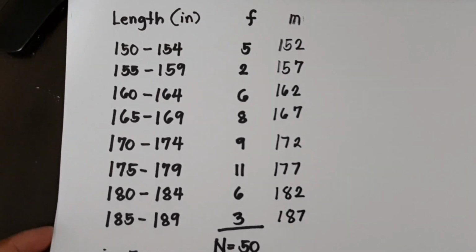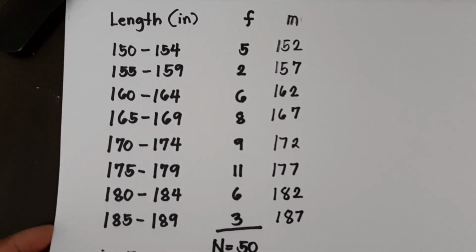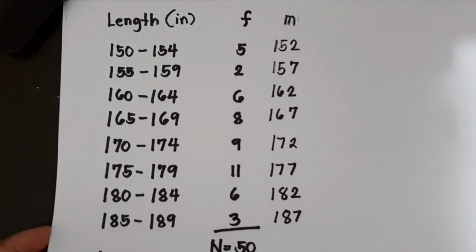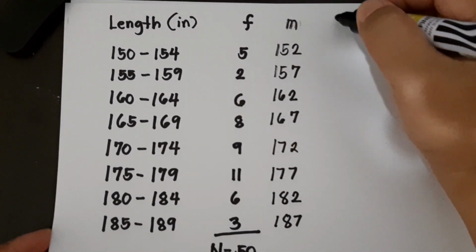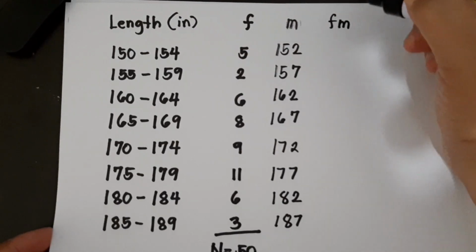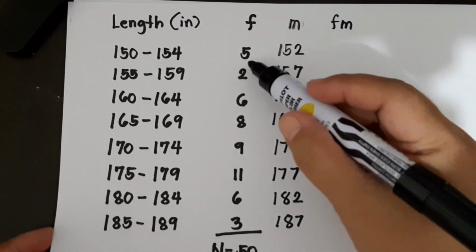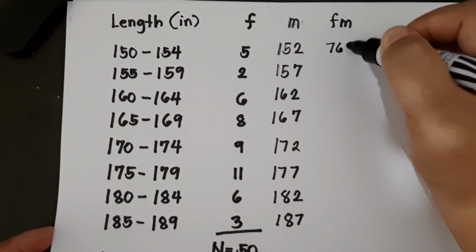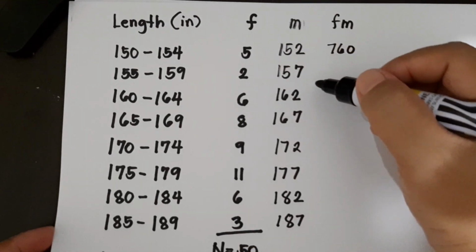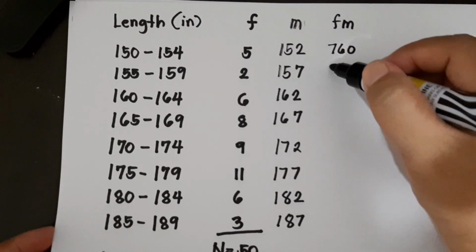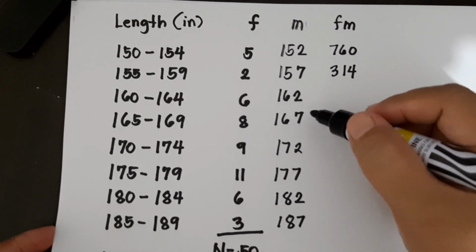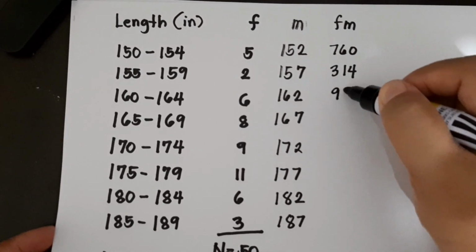The next step in finding the mean is to multiply the frequency and midpoint. So, that would be F times M. Okay, so yun yung 5 times 152, so that would be 760. 2 times 157 is 314. 6 times 162 is 972.